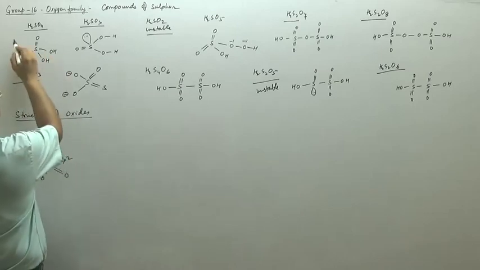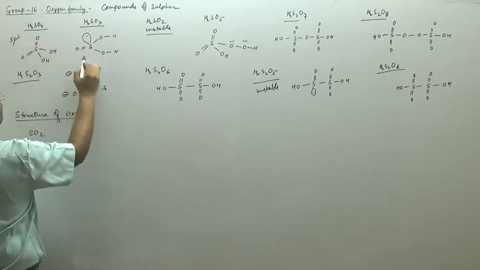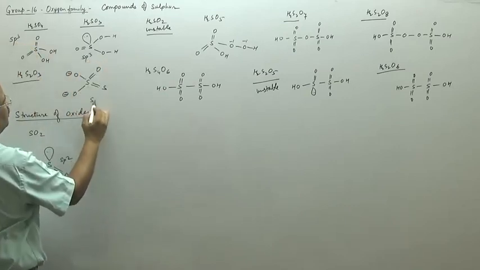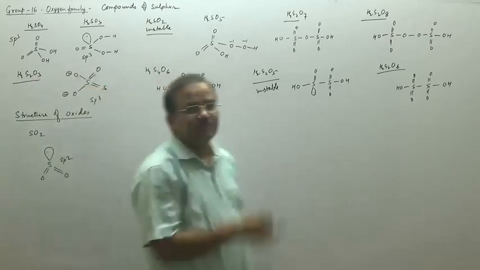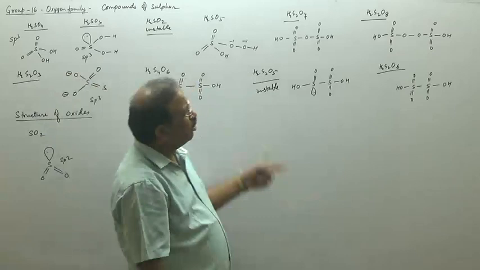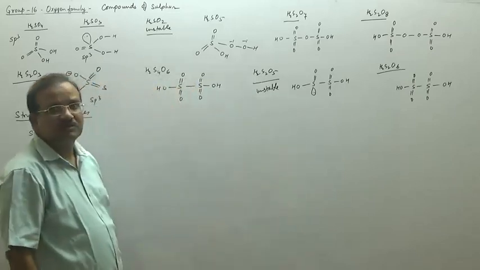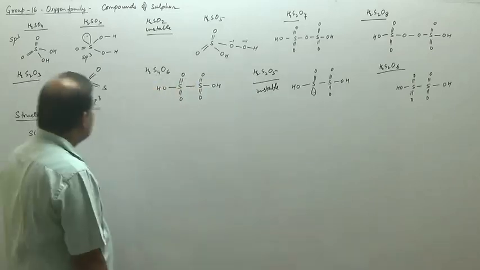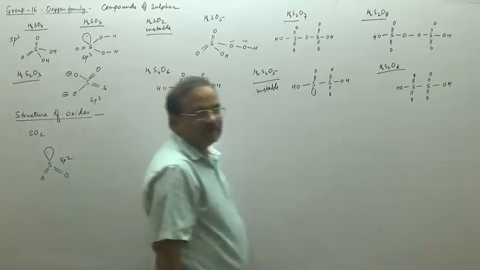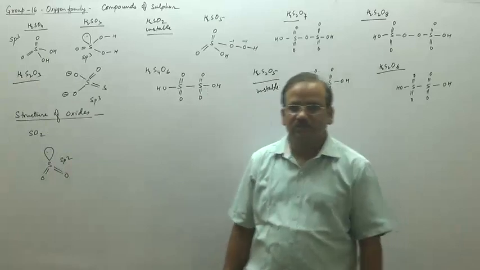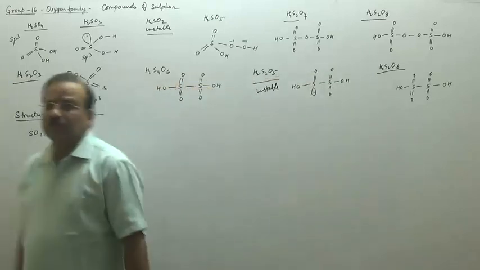Here you can say this is sp3, this is sp3, this is sp3, this is sp3. So all the acids are sp3 hybridized. In all the above acids, the sulfur has sp3 hybridization. Here it is sp2 hybridized.